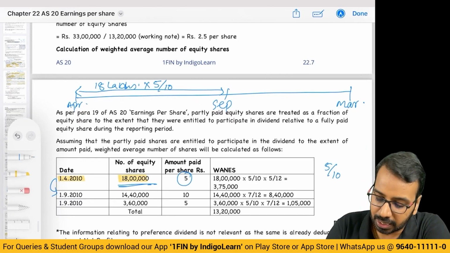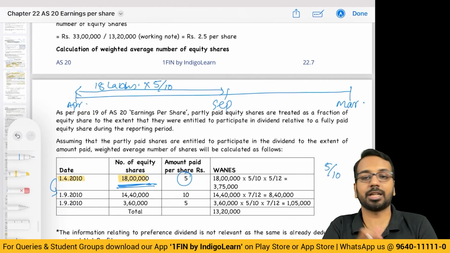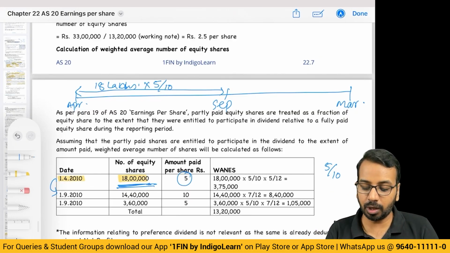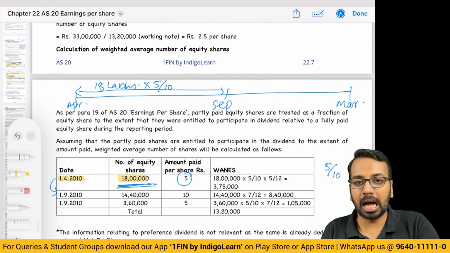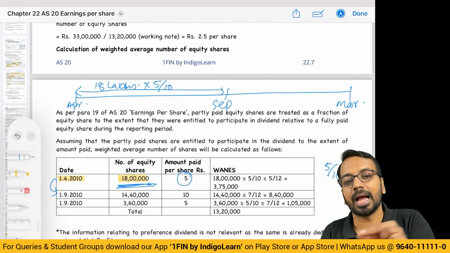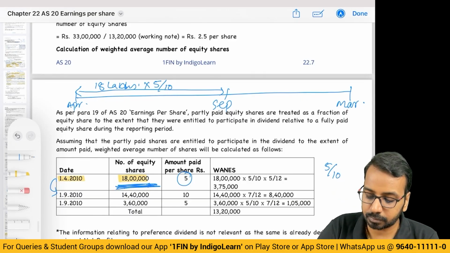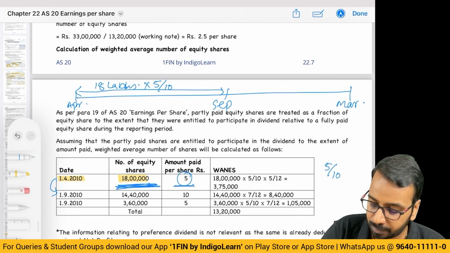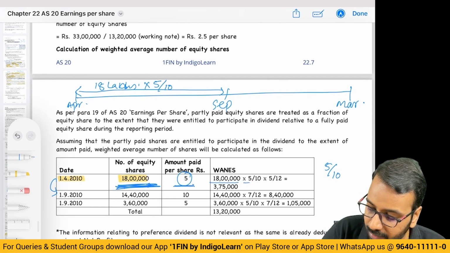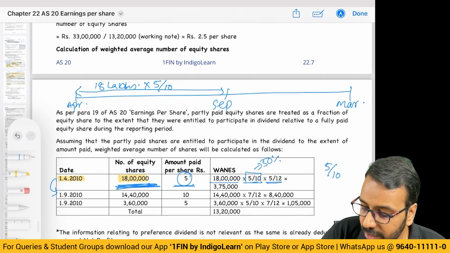Okay. Now, sir, can we say 18 lakhs was outstanding for the full period and can we take the full amount? No, that calculation will not work. Here you have to see how many shares are there, to what extent it is outstanding and what is paid up. So, 18 lakhs, amount paid is 5 per share. So, 18 lakhs multiplied by 5 by 10. This 5 by 10 represents 50% paid up, into 5 by 12.